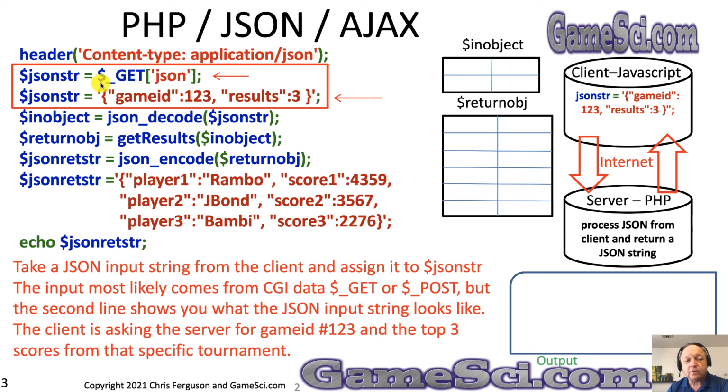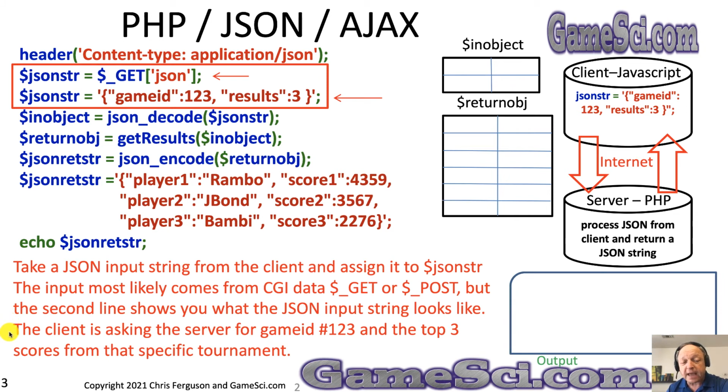$JSON_str equals $_GET with a JSON key, or $JSON_str equals, and we'll show you the JSON format string here. Take a JSON input string from the client and assign it to $JSON_str. The input most likely came from a CGI $_GET or $_POST, but the second line shows you what the JSON input string looks like.